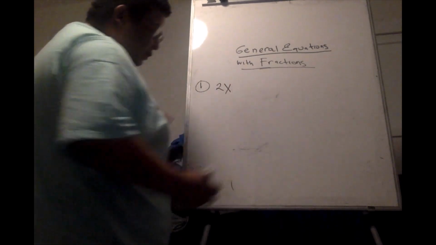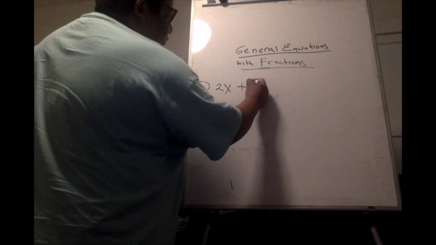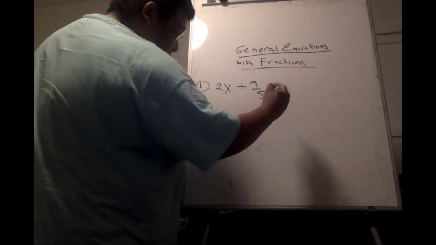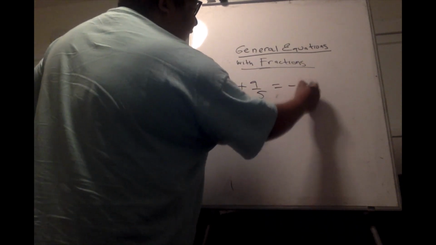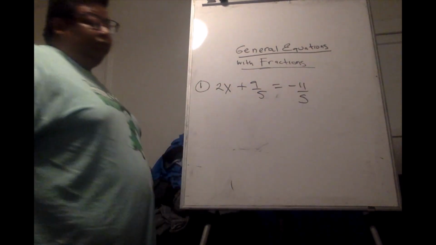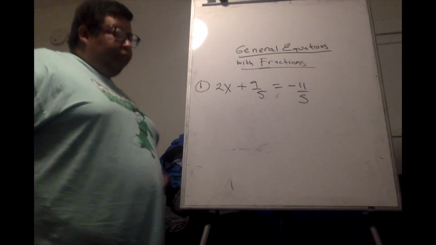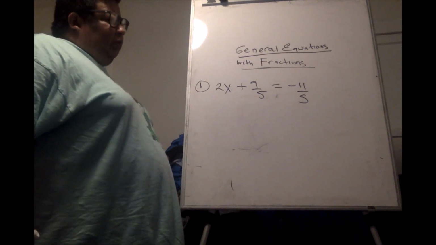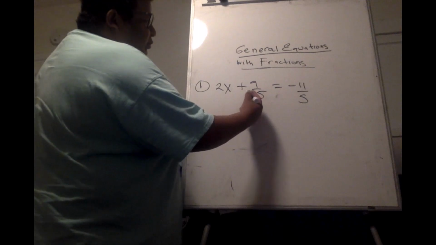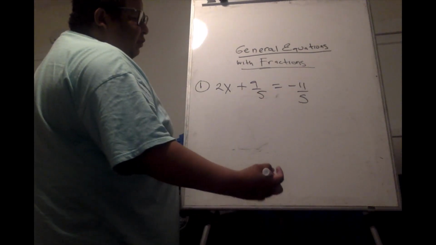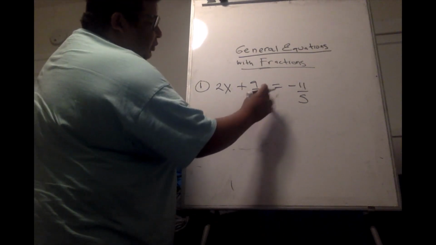We said that it is 2x plus 9 over 5 equals negative 11 over 5. What we need to do is work the same way as the two-step equations, but first we're going to work with fractions.